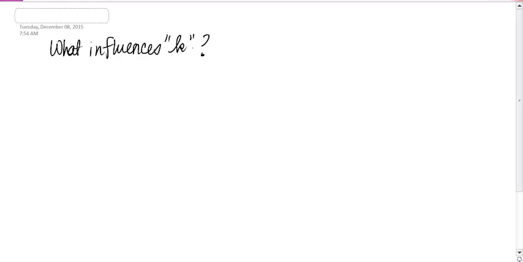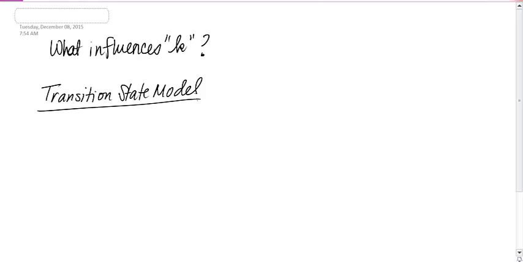As your book talks about K, one of the things they mention is what they call the transition state model. Your book does not talk about any of the mathematics related to the transition state model and how they use it to calculate K, nor will we. But the idea is simply being able to read an energy diagram.